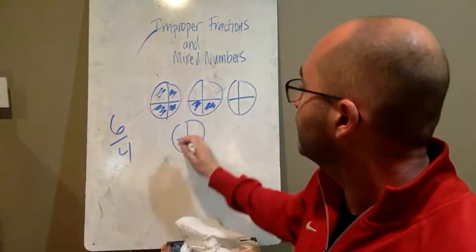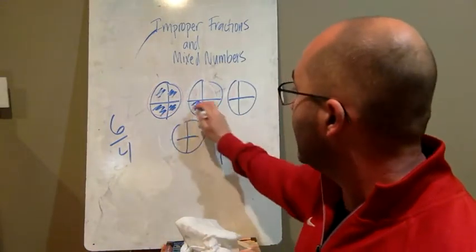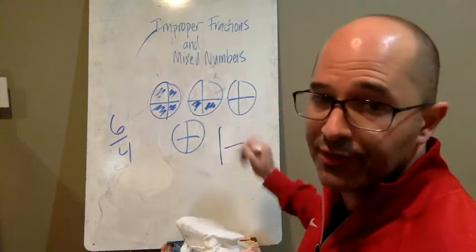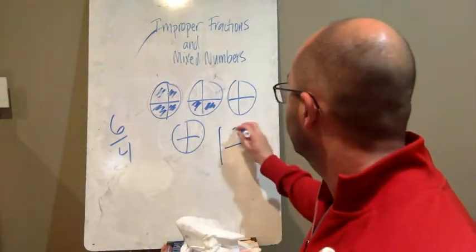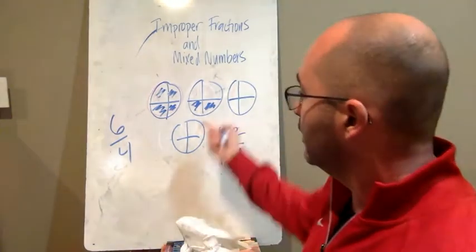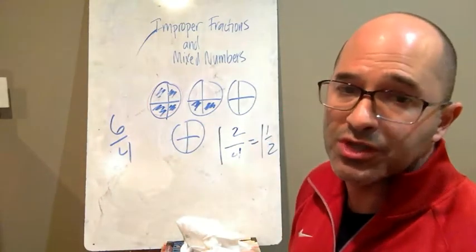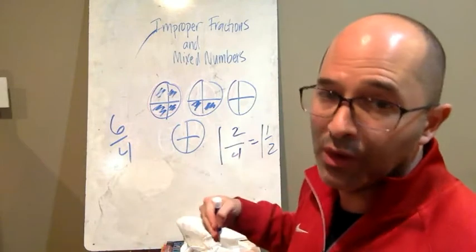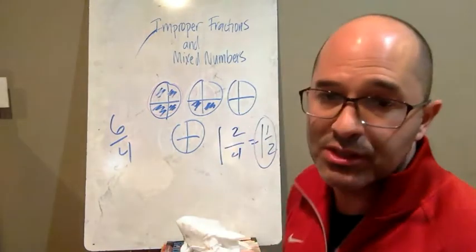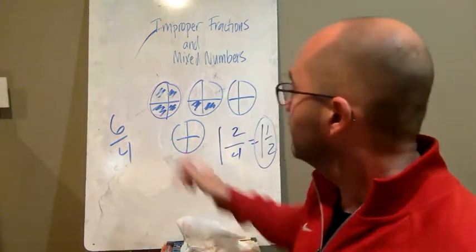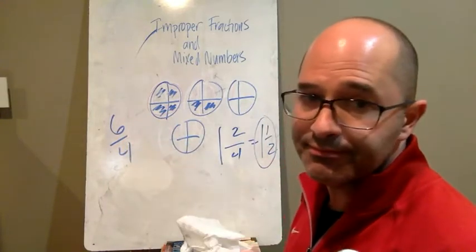So 6/4 is one whole and 2/4, which is the same as 1 and 1/2. This is the mixed number in simplest form, and this is the improper fraction.